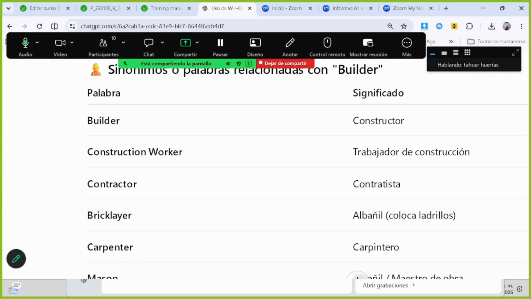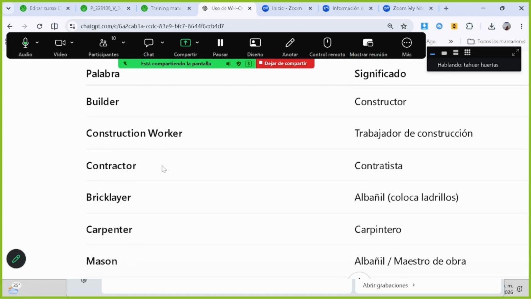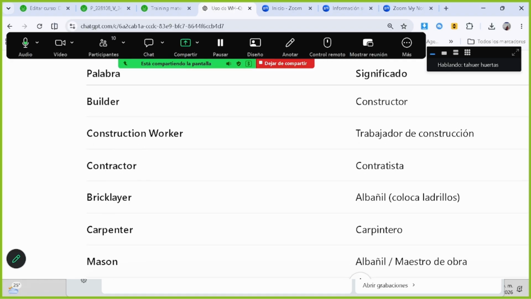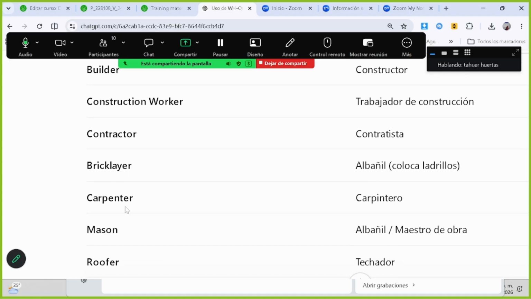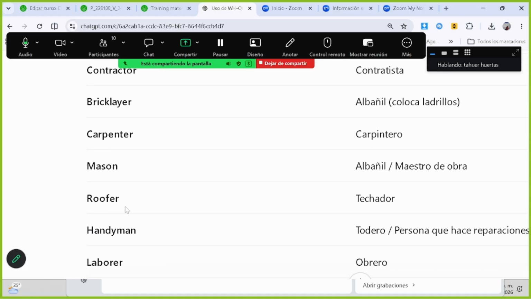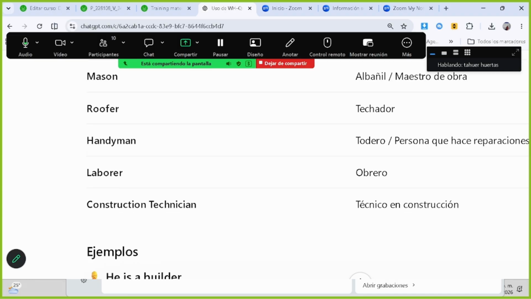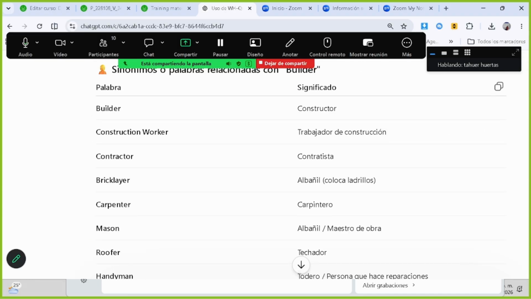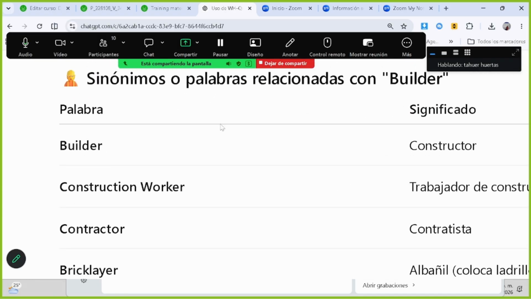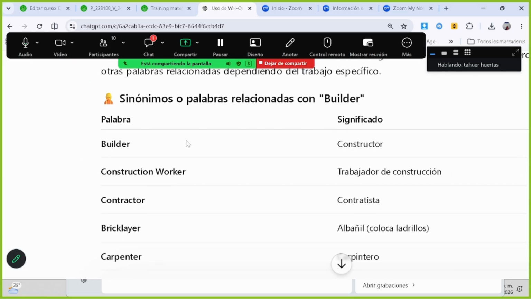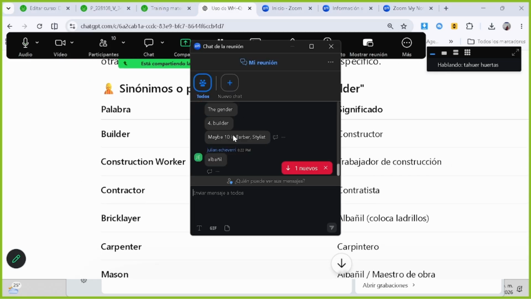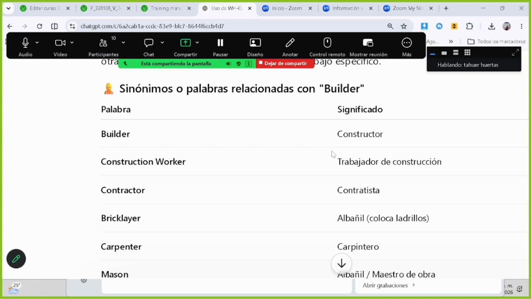We have builder, we have construction worker, we have contractor, we have bricklayer, we have carpenter, we have mason, roofer, handyman, laborer, constructor. Oh, we have many words. You see? I think the albañil, bricklayer.